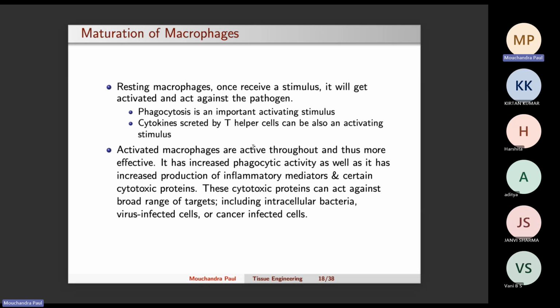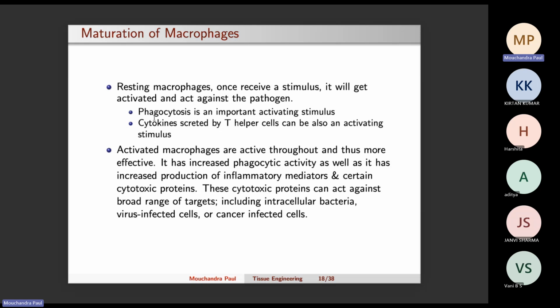They can phagocytose very nicely, but they cannot degrade. So they will phagocytose that pathogen, and then they usually start secreting certain cytokines. These cytokines can then reach these resting macrophages and activate them.